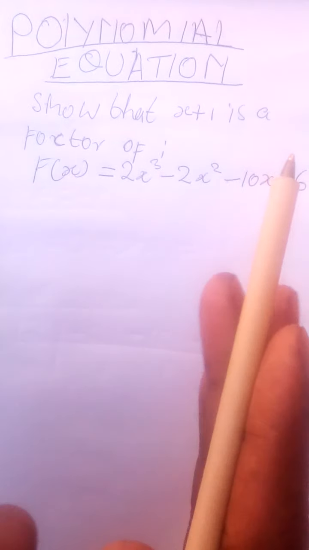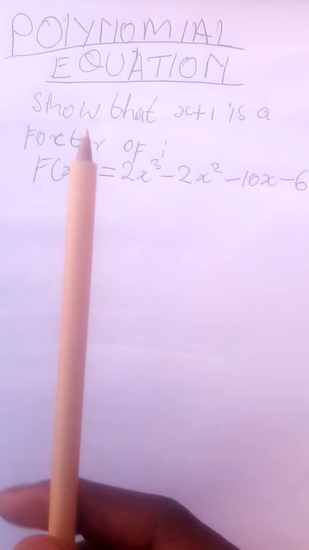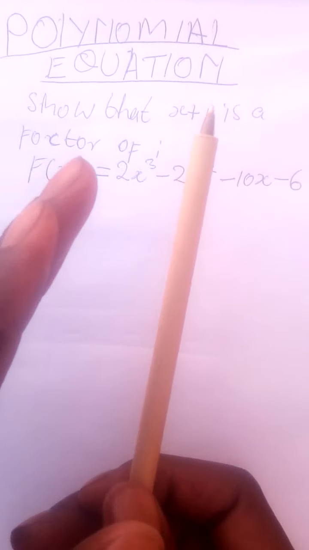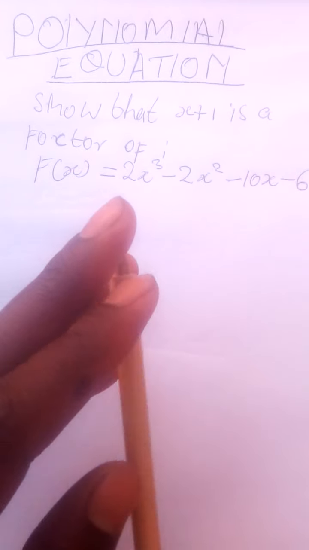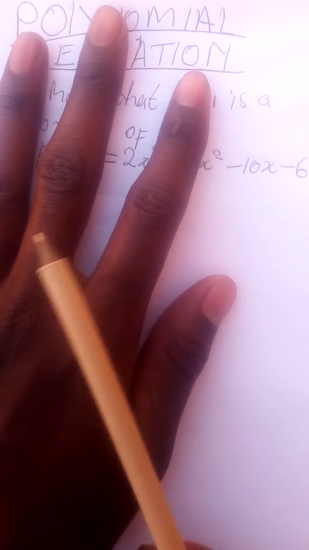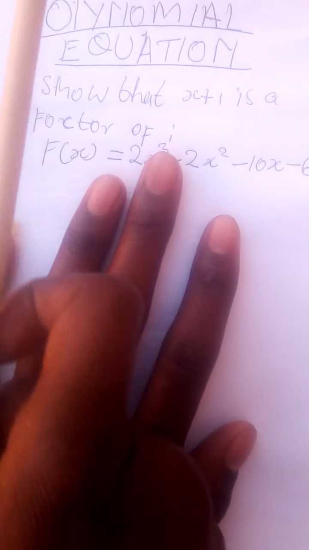Before we go any further, let me tell you one thing about polynomial equations. We have two methods that we can use to deal with this type of equation. The first method is long division, and the second method is the factor theorem method. But at the end, they give you the same thing. Long division is one of the most difficult methods, which is why it is not examined for grade 12 learners.